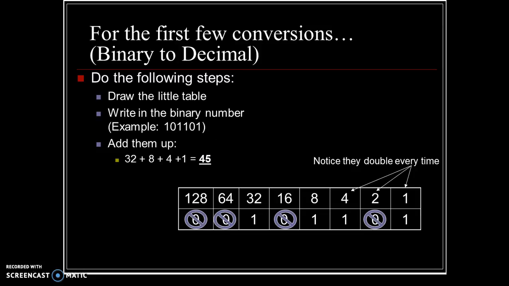Any conversion from binary to decimal is just that simple. It's a simple matter of multiplication and addition.